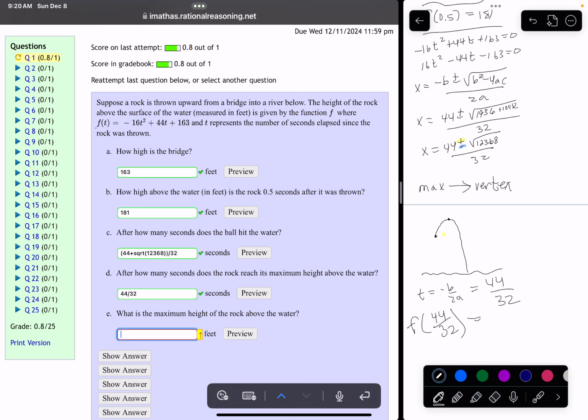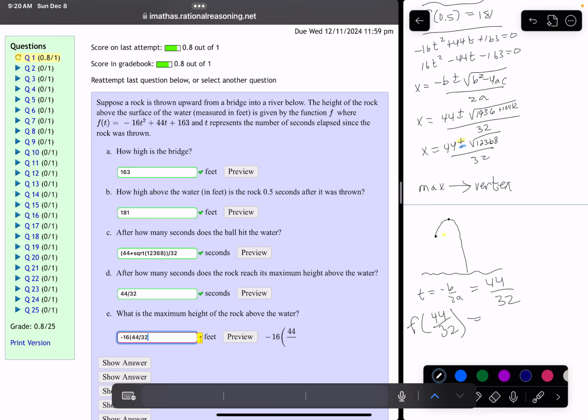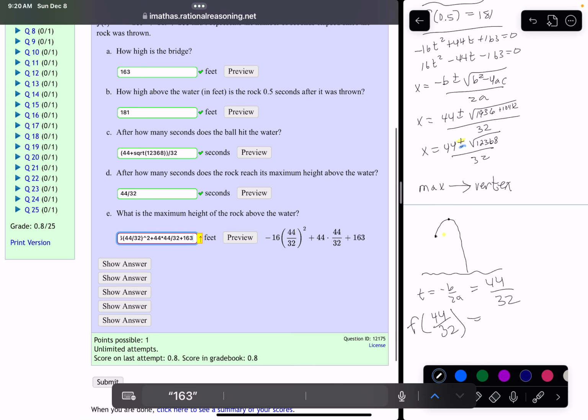So I'm going to do negative 16, then in parentheses, 44 over 32 to the second power, plus 44 times 44 over 32, plus 163. And that should be the y value.